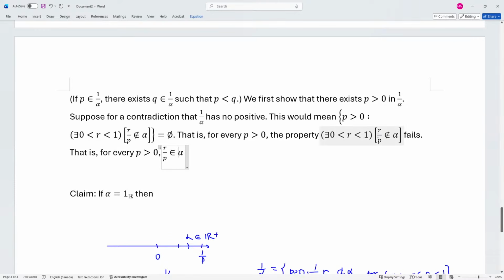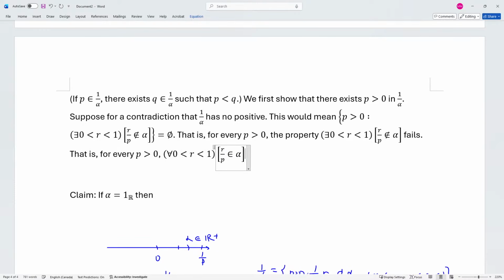You need to negate it. When you negate a quantified statement, you flip the quantifiers from there exists to for all, and vice versa. And then you negate the condition itself. The thing is, here p is arbitrary.